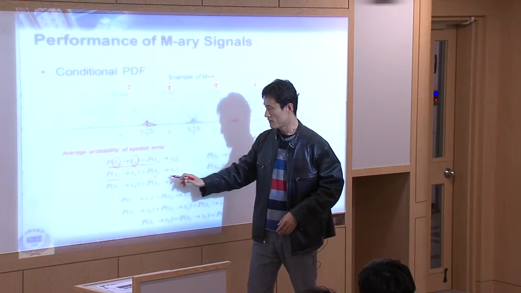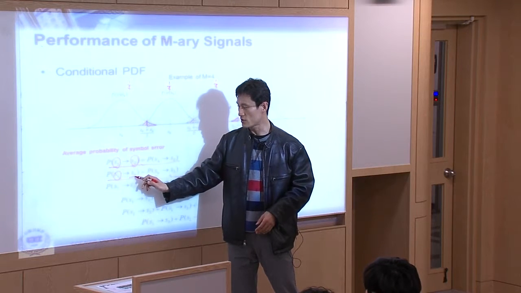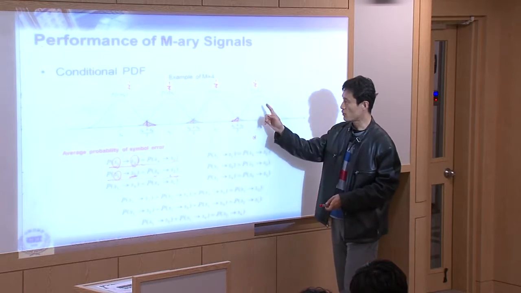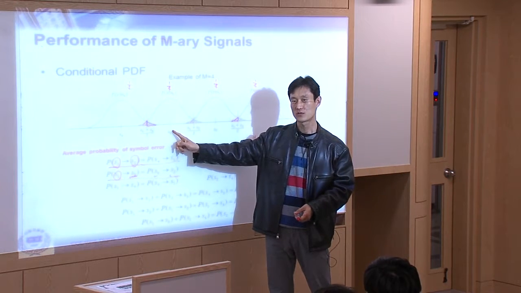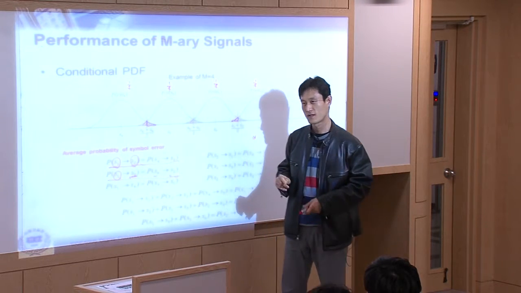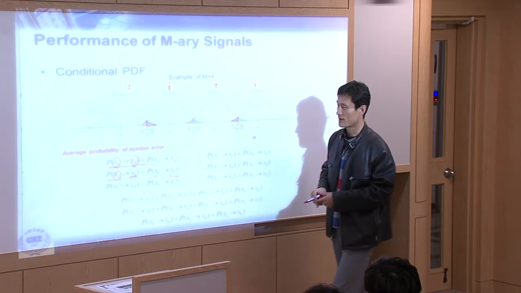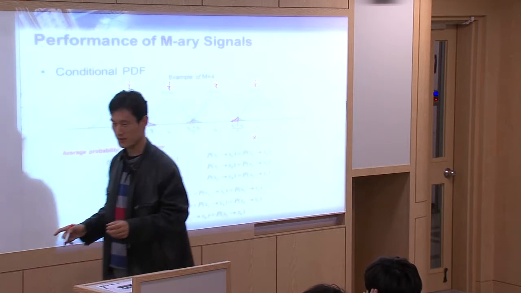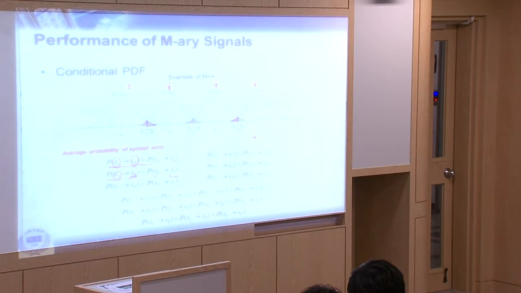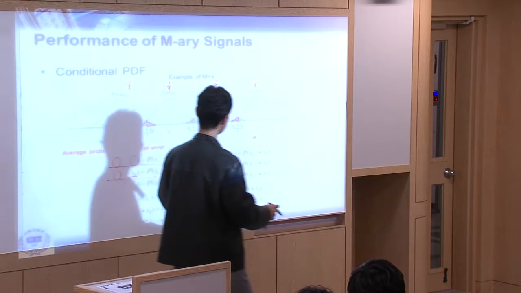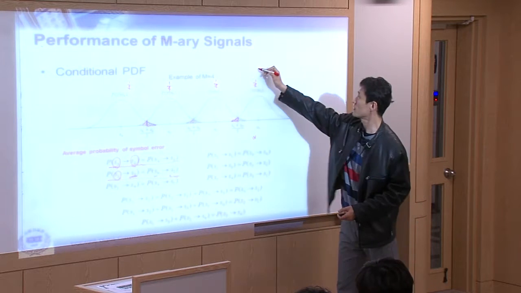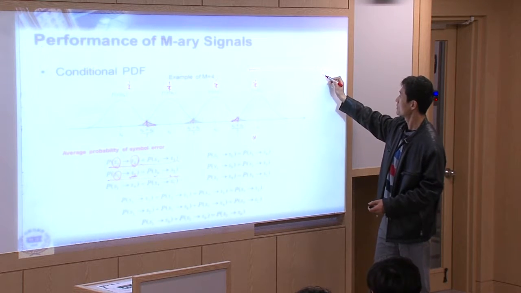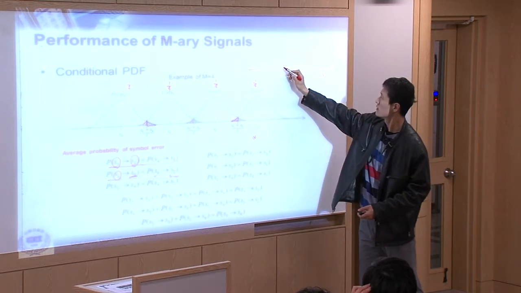What about this? S1 is transmitted, but S3 is received. So which one is the probability then? This is actually very, very small, so it's a little bit difficult to visualize here. But let me make it a little bit bigger. Here's S1, S2, S3.